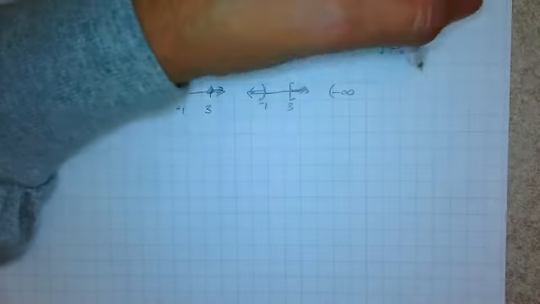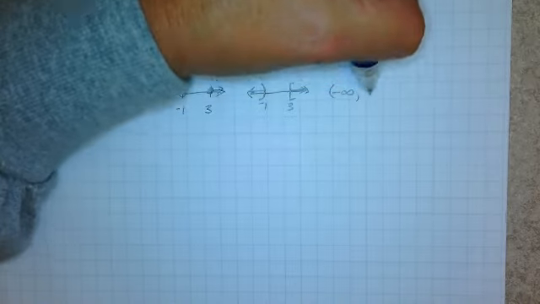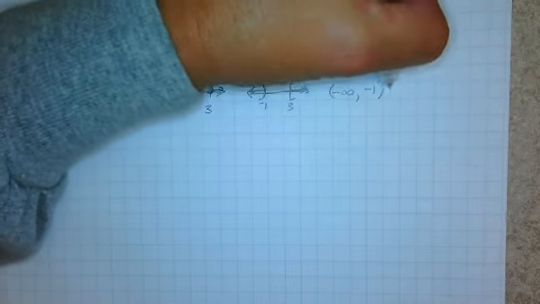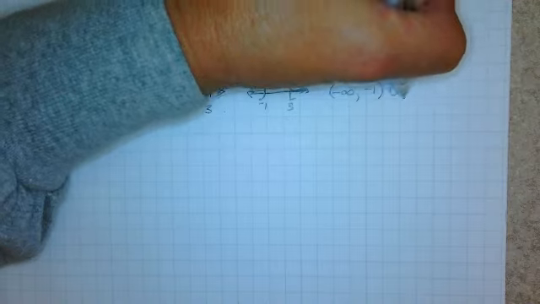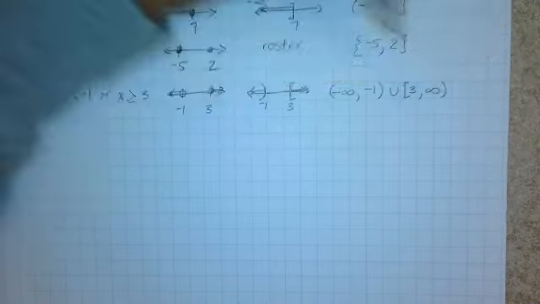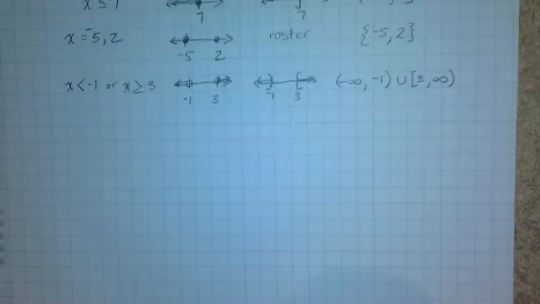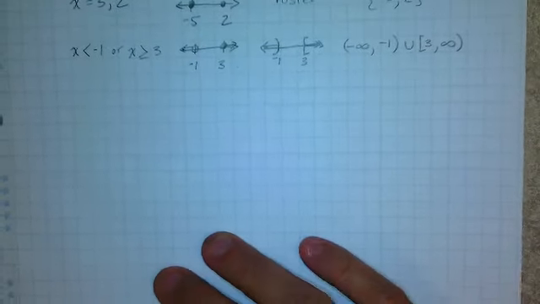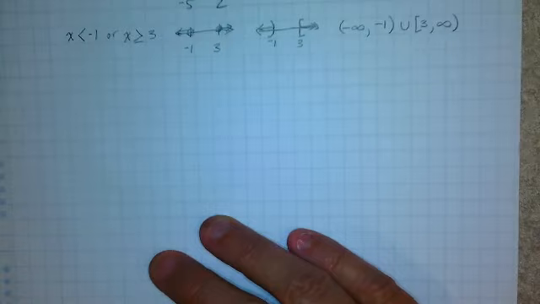The smallest number is always listed first from left to right, and then they get bigger. So this is going from -infinity to -1. It's not allowed to touch -1, and then it's in union with 3, and it can touch 3, to +infinity. So, interval notation, you'll like it.